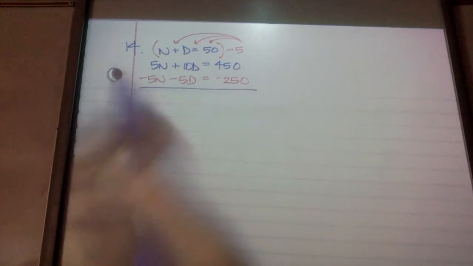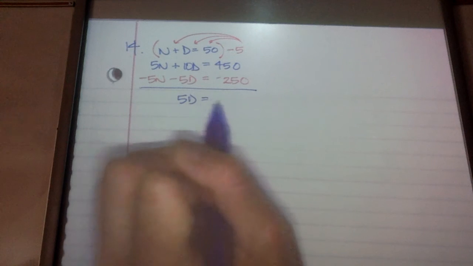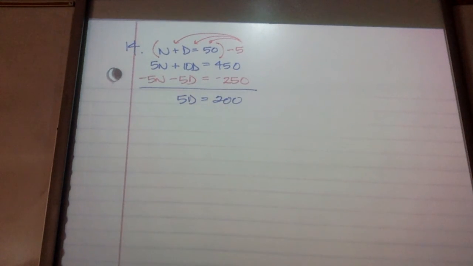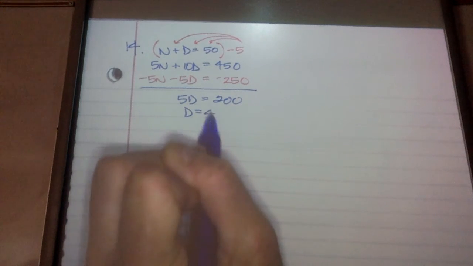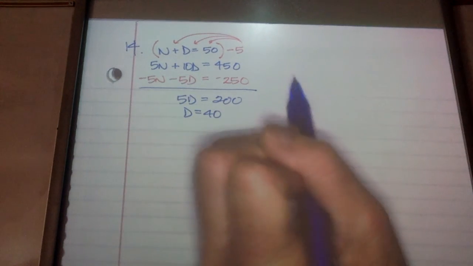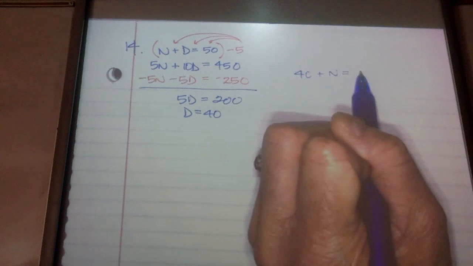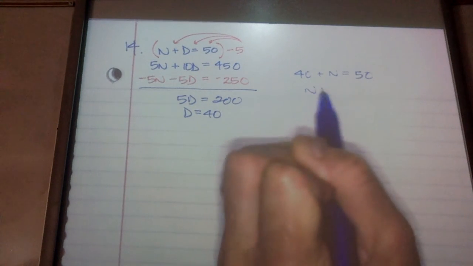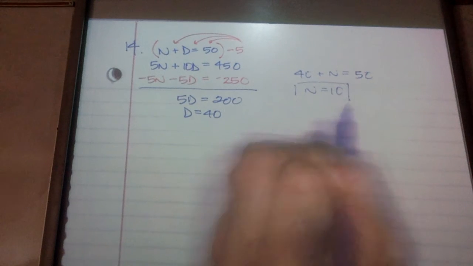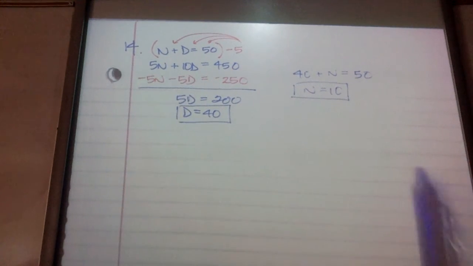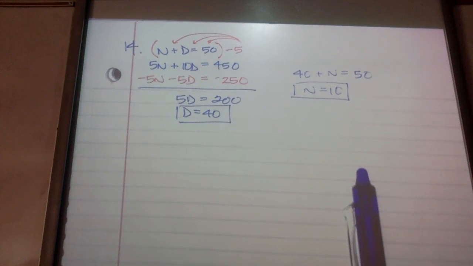Then I'm going to add these, and that gives me 5d equals 200, which means that the number of dimes equals 40. 40 plus N has to equal 50, so I know nickels equals 10. Pretty simple if they set it up for you.